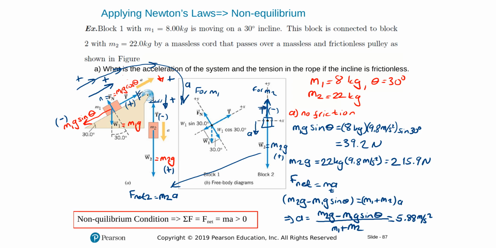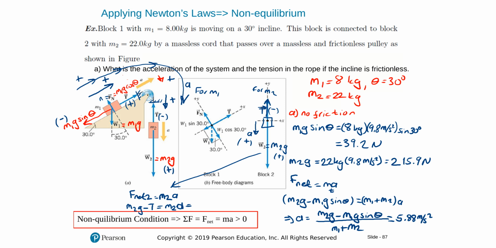The whole mass is just M2 now, as there's no other mass in this small system I separated. That will give me the tension. F net 2: M2G is positive minus tension is negative, because the direction of A is positive here. That's equal to M2A. I turn this around and solve for the tension.